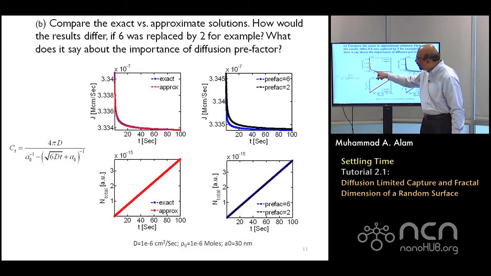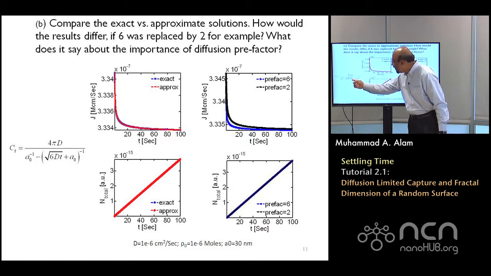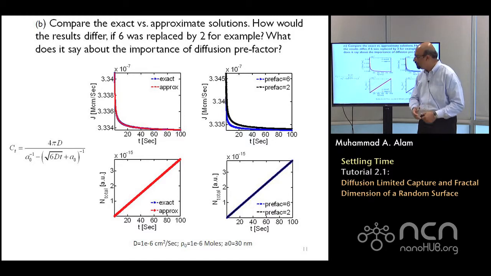So why does it work? Here is the exact solution and the approximate solution. The blue line and red line, look, they are on top of each other, essentially indistinguishable. Why? Because there might be a small difference at a very early time when A naught and square root of 6 D t plus A naught are comparable.